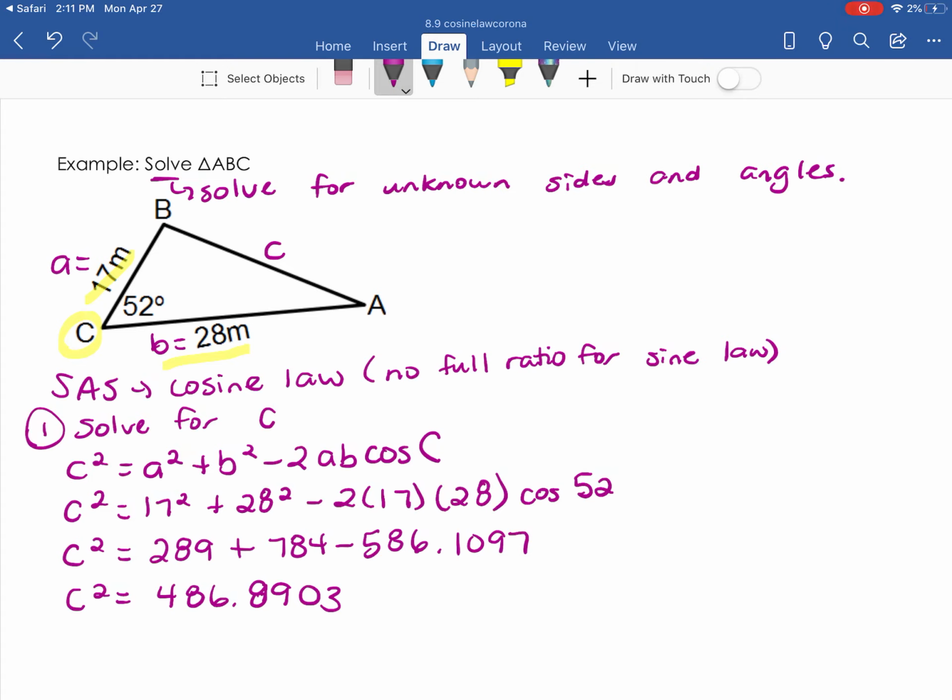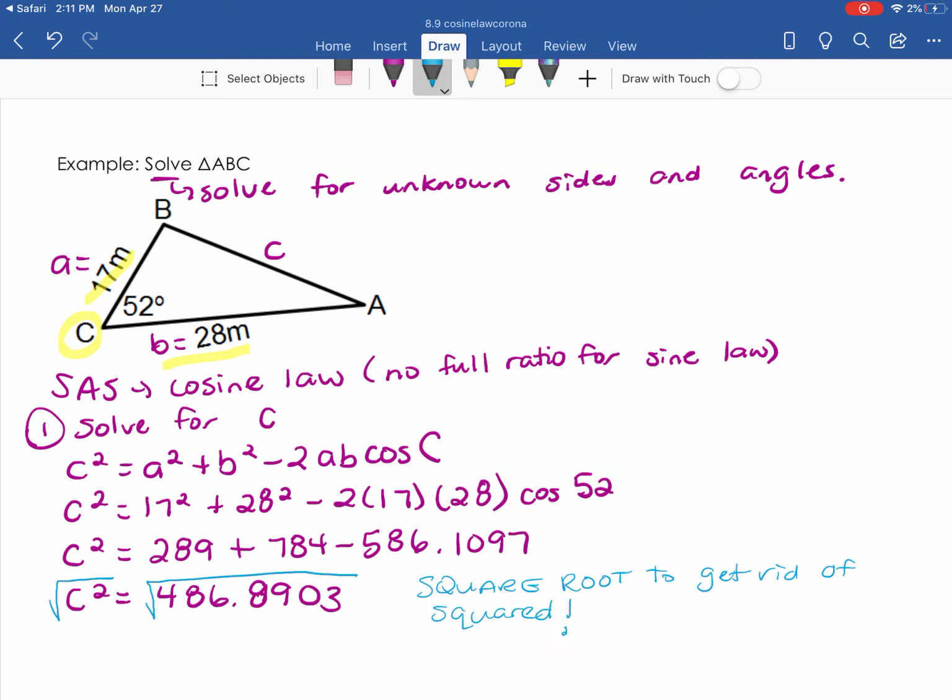I'm just going to keep 4 decimal places and then add them up and subtract, and you get 486.8903. There is an extra step here. Now take a look at the triangle. If the given sides are 17 and 28, does it make sense that side C is 486? No, it doesn't. Okay, so don't forget, I'm going to even put it in a different color.